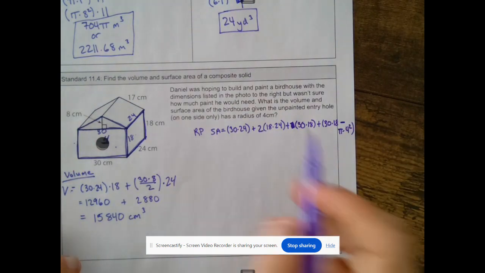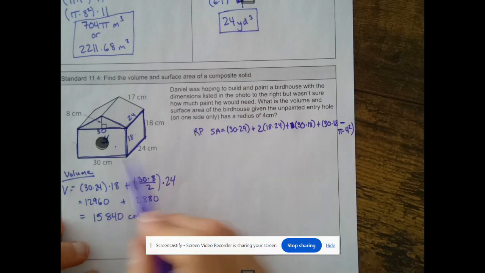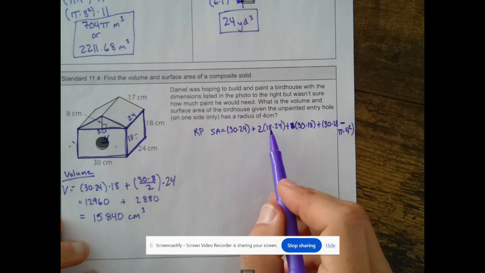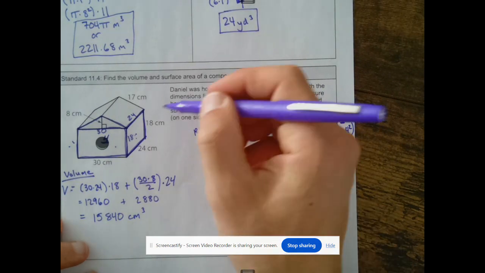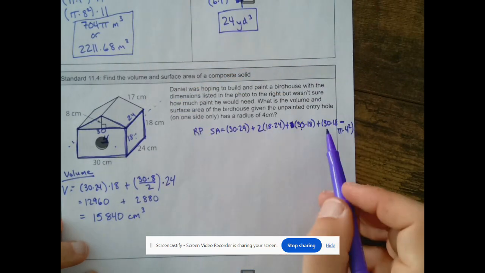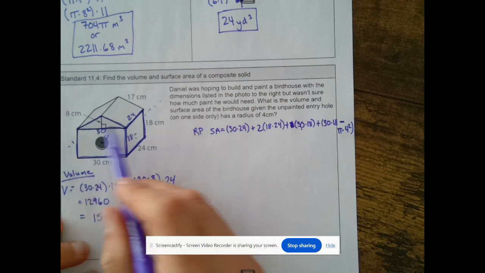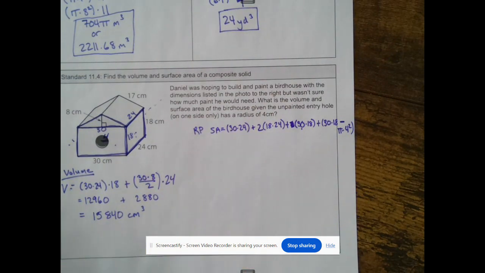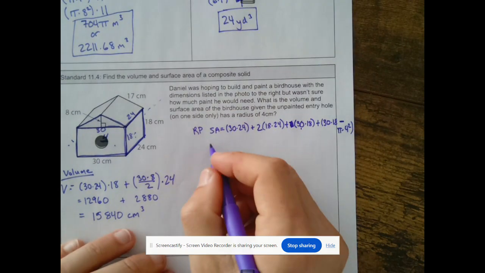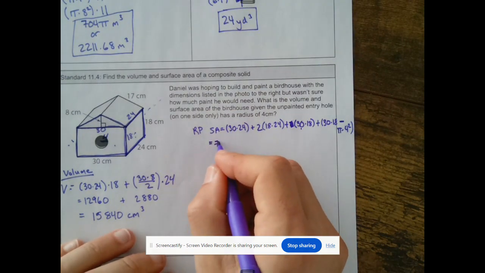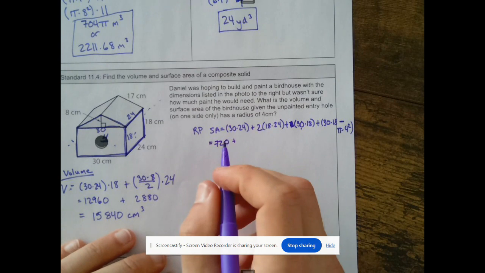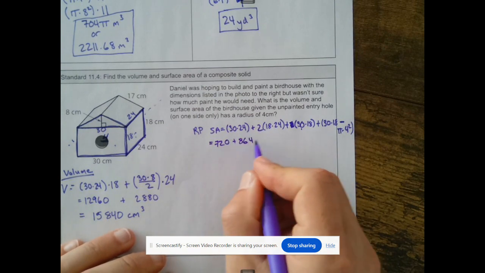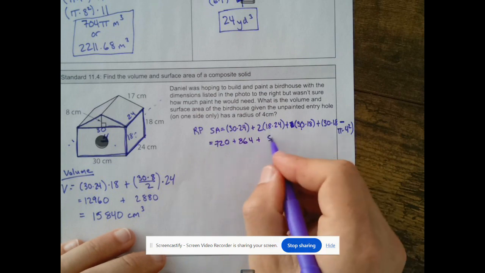So again, this is the bottom base right here. This is the two sides, the two lateral faces there and there, 2 times that. 30 times 18 is around the back side. And this one, 30 times 18 minus the area of that hole right there, okay? So what does that work out to be? 30 times 24 is 720. 2 times 18 times 24 is 864. 30 times 18 is 540.